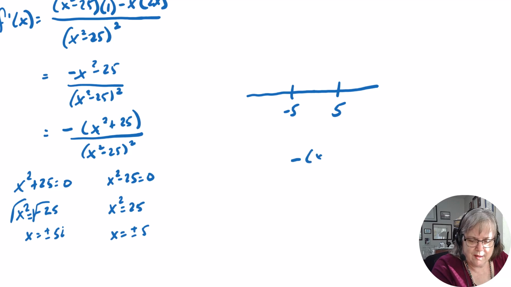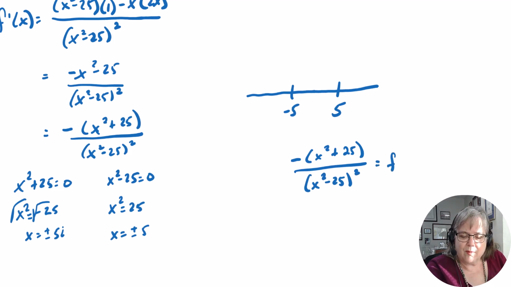This minus x squared plus 25 over x squared minus 25 squared. And let's talk about this a minute and maybe save ourselves a step or two. Can you go with me that if you take any x, no matter where you are in any of these areas here, you're going to square it, it's going to be positive even if it started off with a negative.